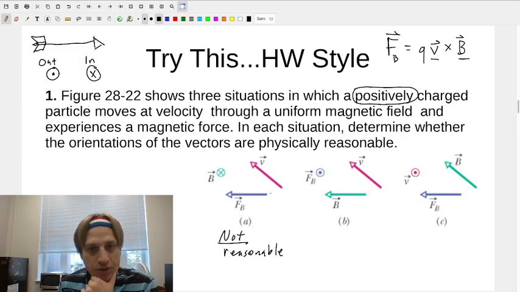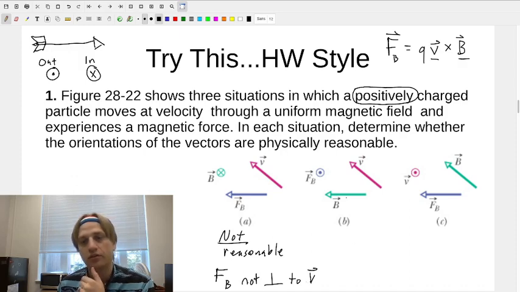It turns out it actually is, because B is pointing into the page, the magnetic force is pointing in the page, so those are perpendicular. But the magnetic force is not perpendicular to V. Okay? Why? So F_B is not perpendicular to V.